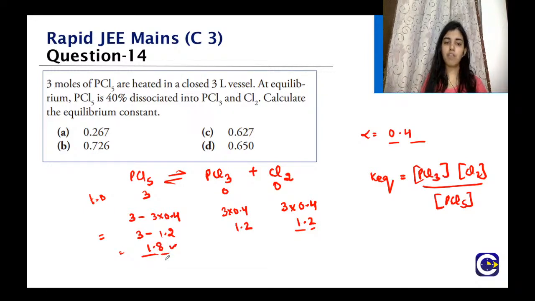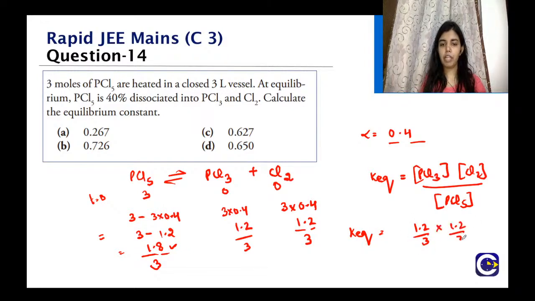So these are the number of moles, but you need to find the concentration for finding the equilibrium constant. So you will divide it by the volume itself, because concentration is number of moles divided by volume of solution. So this will be 1.8 divided by 3, 1.2 divided by 3, 1.2 divided by 3. Now you put the values here: 1.2 divided by 3 into 1.2 divided by 3, divided by 1.8 divided by 3.